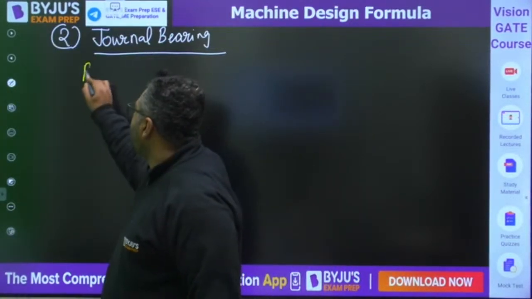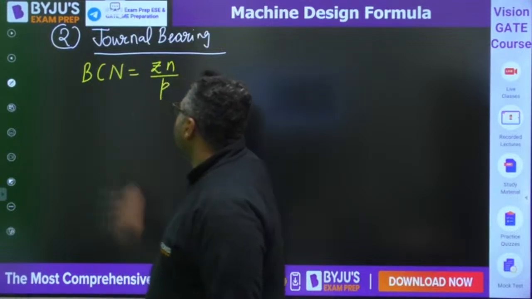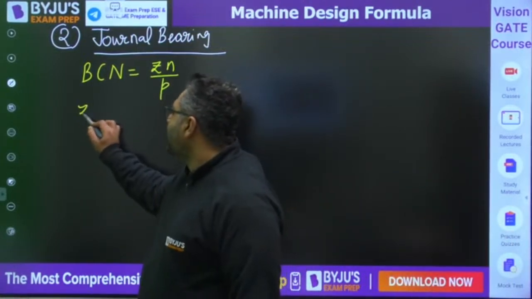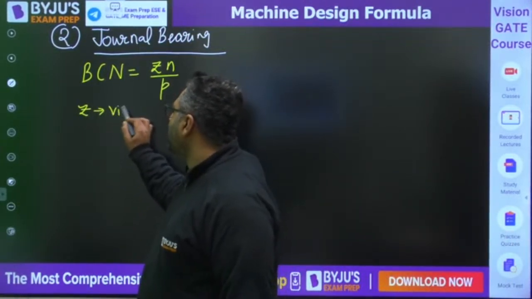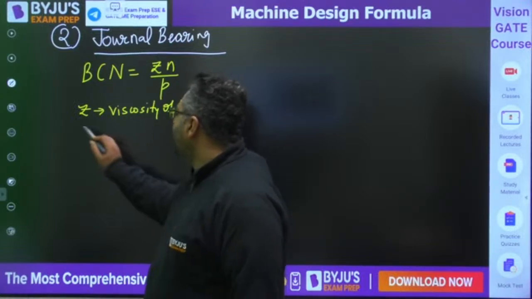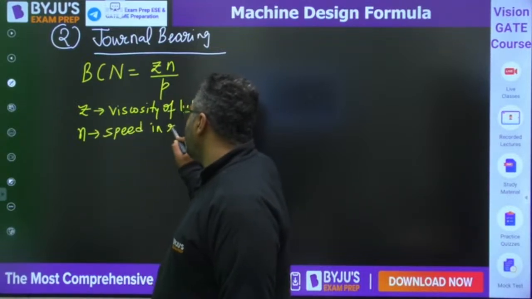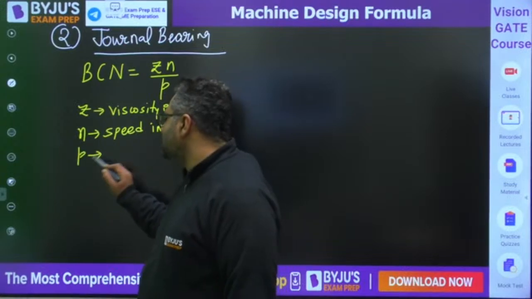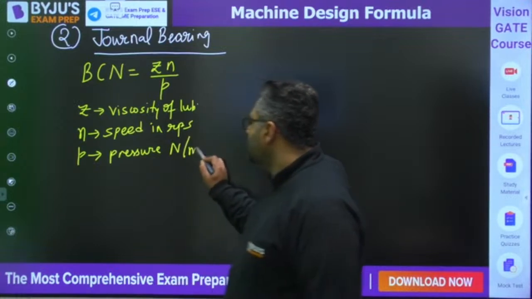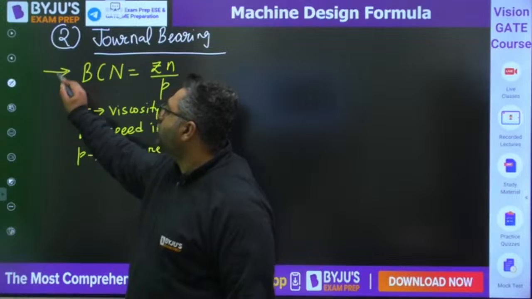So if you remember, bearing characteristic number can be written as Zn by P. Here Z is the viscosity of the lubricant and N is the speed of the shaft in revolutions per second. Pressure is having a unit of Newton per meter square. So always remember about the units here. This is bearing characteristic number, first formula.